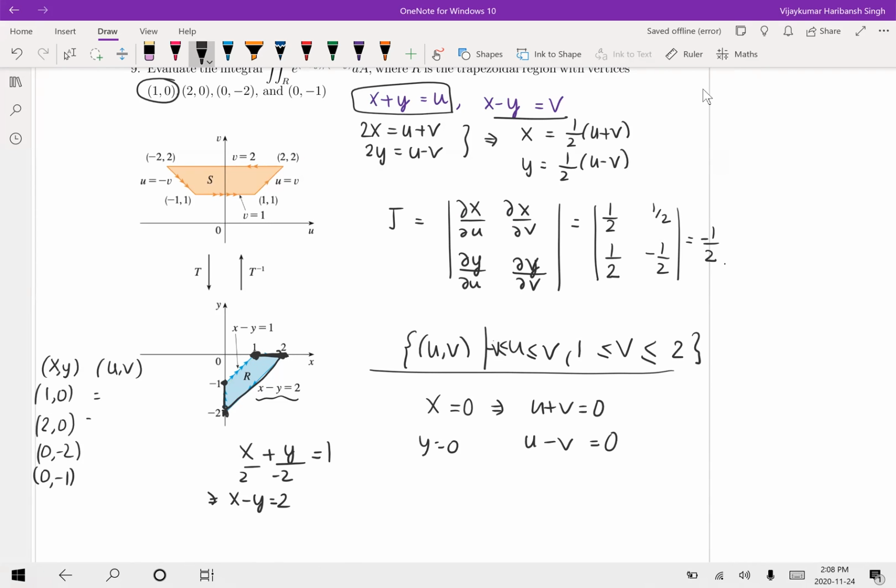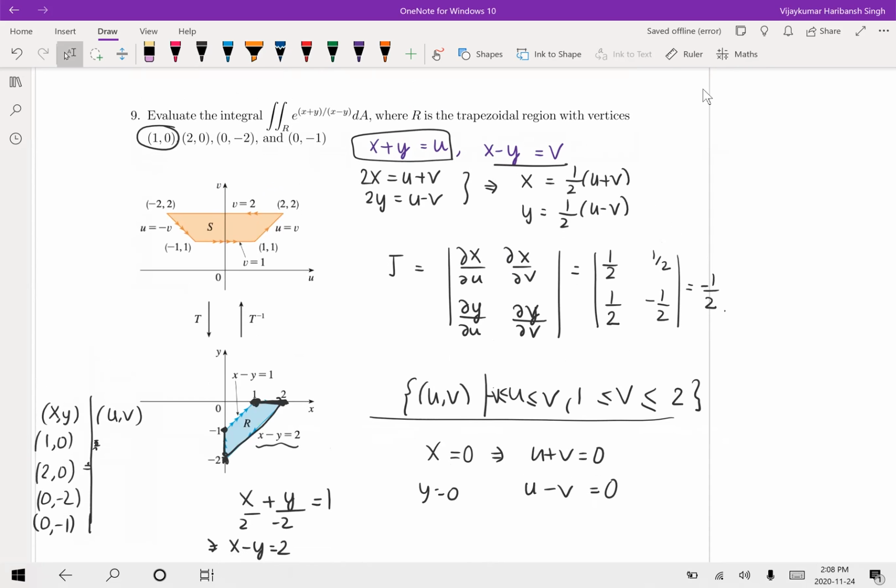What do they correspond to in the uv plane? When x is 1, 0, you get u as x plus y, so this will be 1, 1, as we got here.